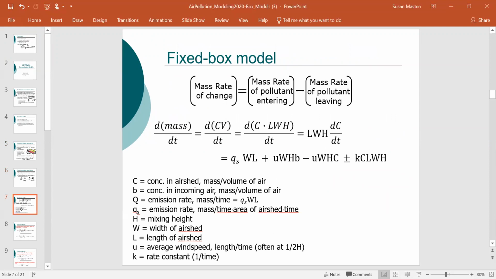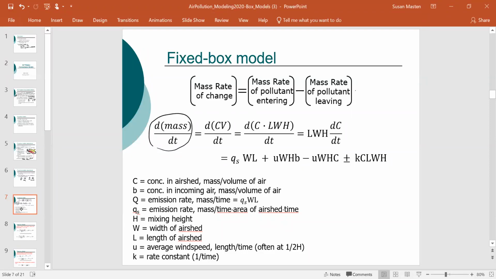So just as we developed a mass balance for indoor air quality, we're going to do the same approach for developing a mass balance for this fixed model. So in all cases, we're looking at the rate of change, the change in mass with respect to time, and that is equal to the mass entering minus the mass leaving.